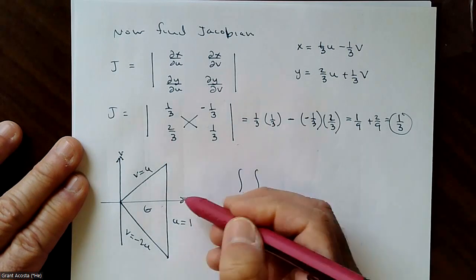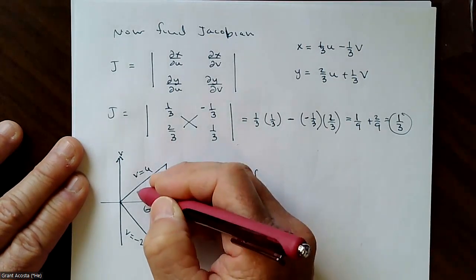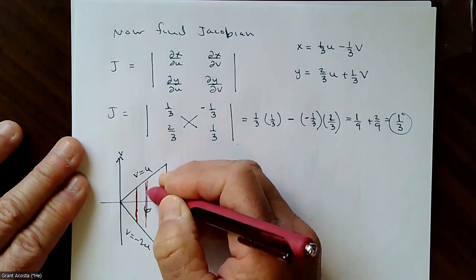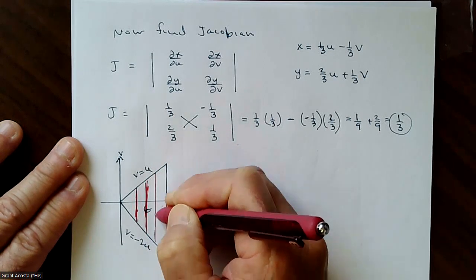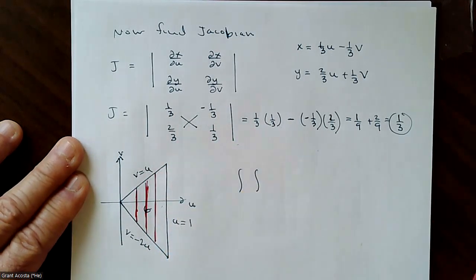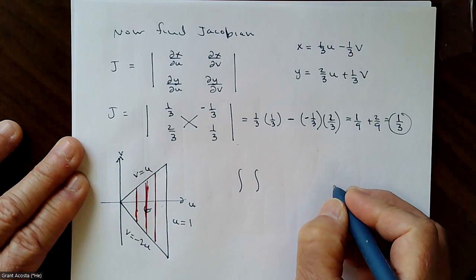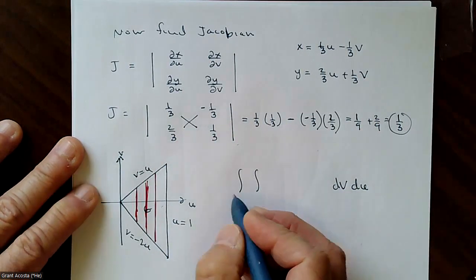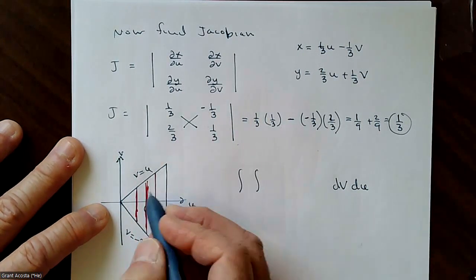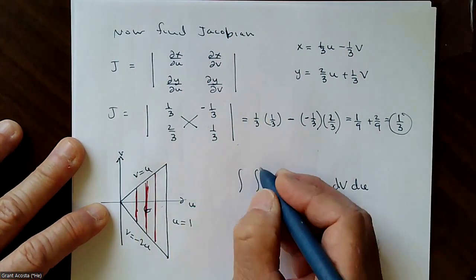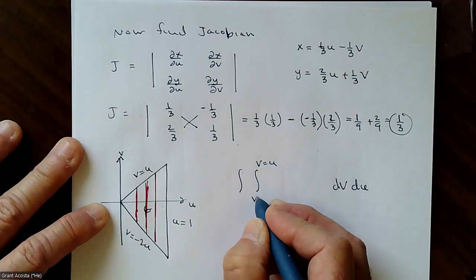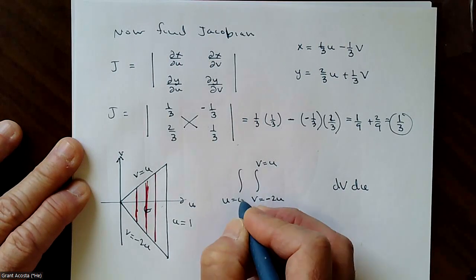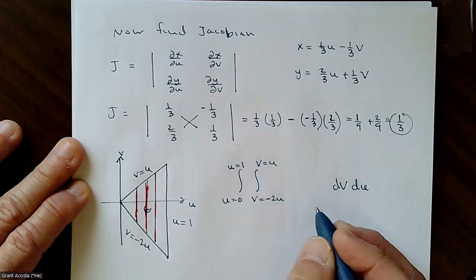You have a choice whether you want to integrate with respect to v or with respect to u first, kind of like dy dx or dx dy. This would work out much better if we use vertical cross sections to describe G. So we're going to integrate dv first and then du. Let's put our bounds here for G. Every vertical cross section hits v equals u on the top, v equals -2u on the bottom, which is true as long as u is between 0 and 1.